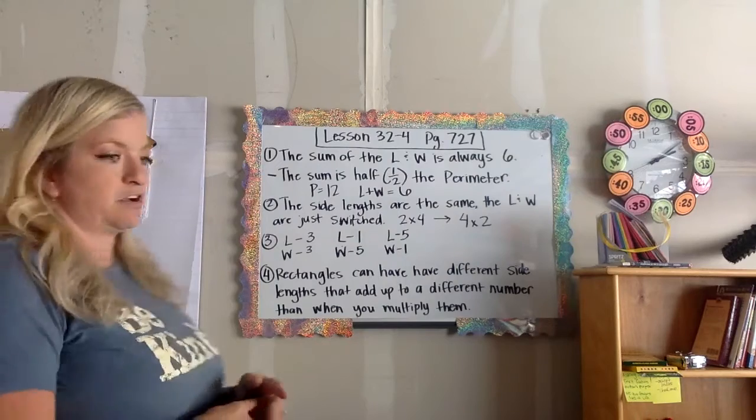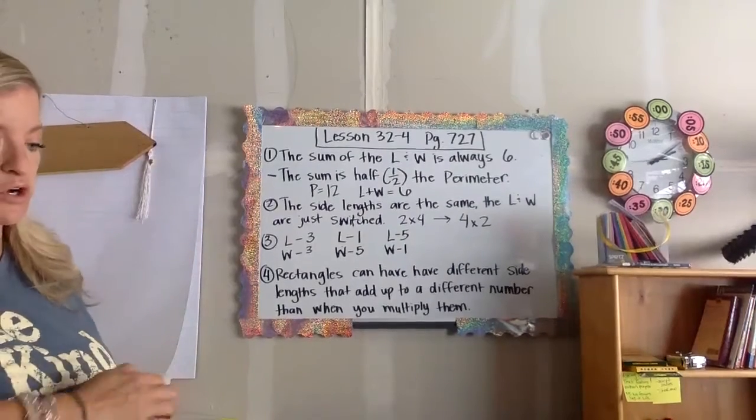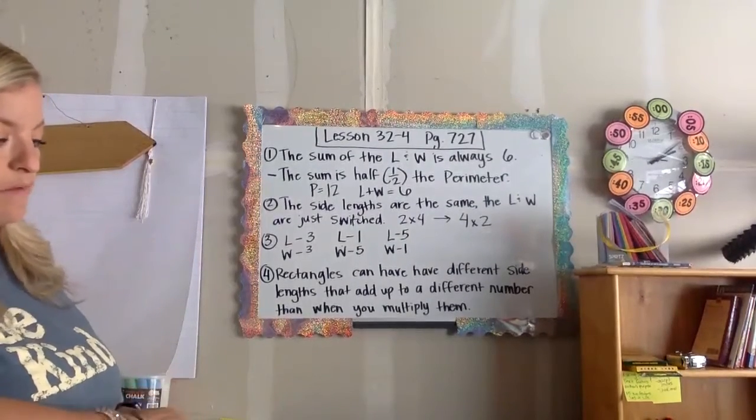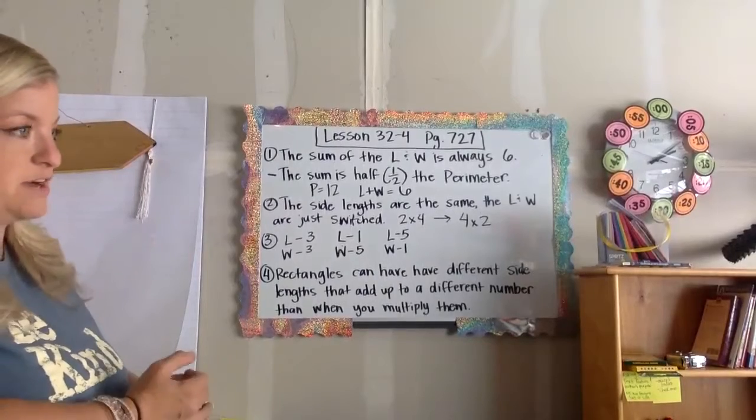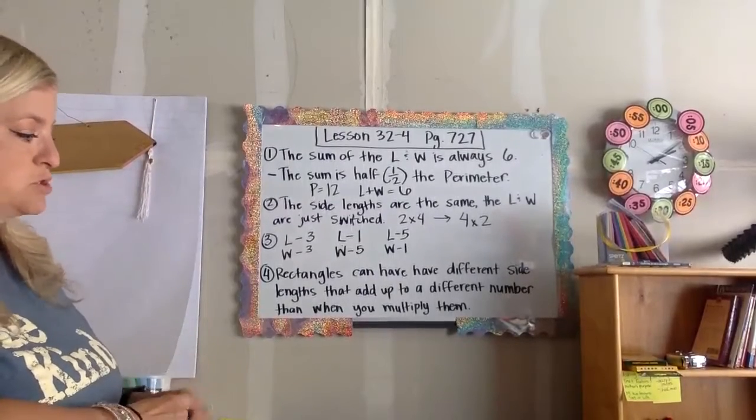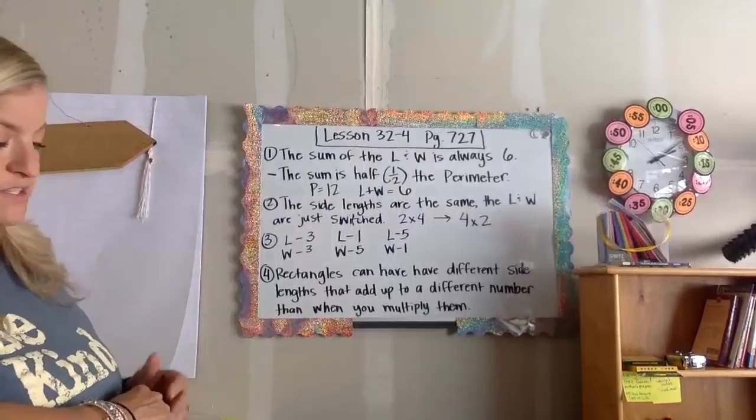So you're adding all of the sides for the perimeter, but when you're doing the area, you're multiplying them. You're turning them into groups of when you multiply, but adding, it's different.